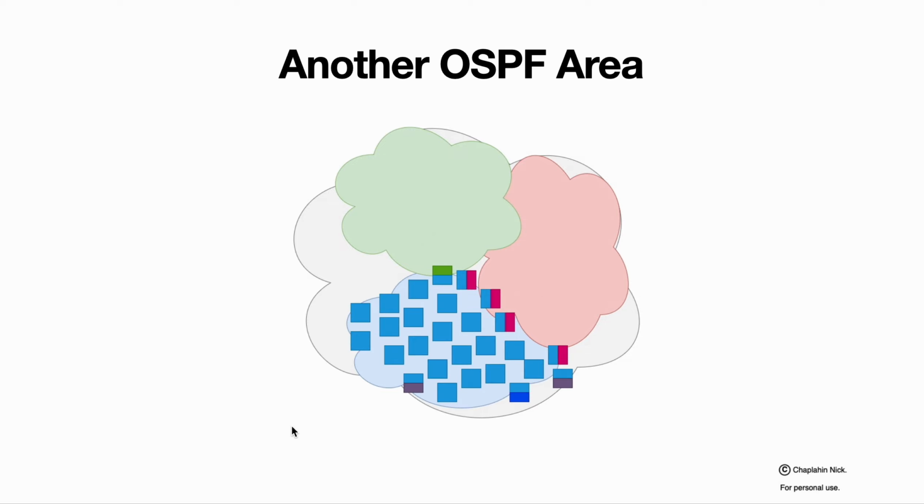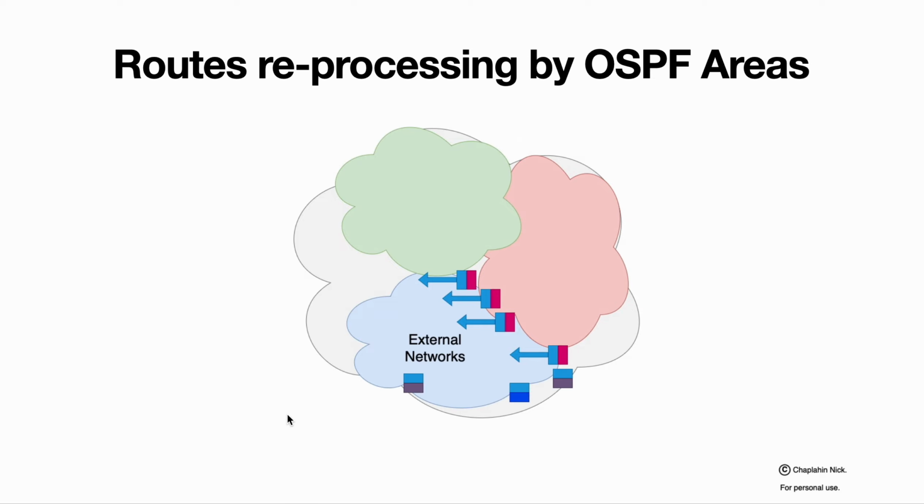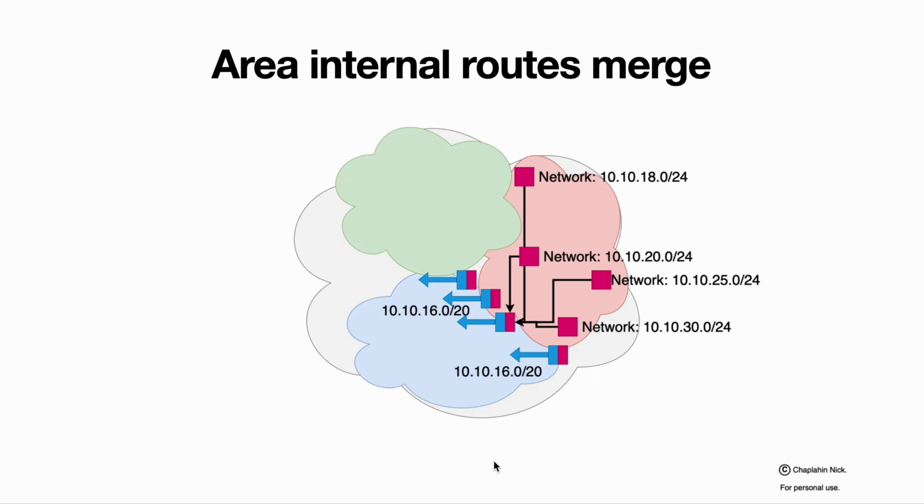Well, for the neighboring area, the information that our boundary routers are sending to them is external networks. So they collect this information, process it, and start using it. The most important feature of the boundary router is route merge.